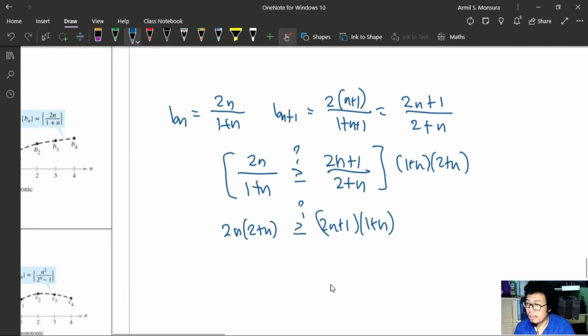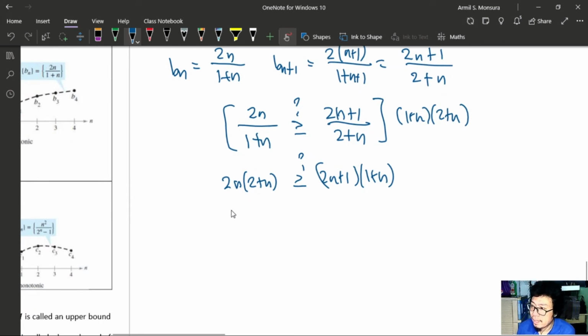Now, expanding this, we will have 4n plus 2n squared. And then this one becomes, let's be consistent now, 2n plus 2 times 1 plus n.